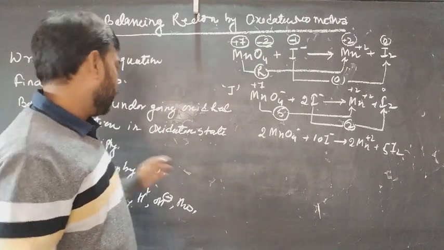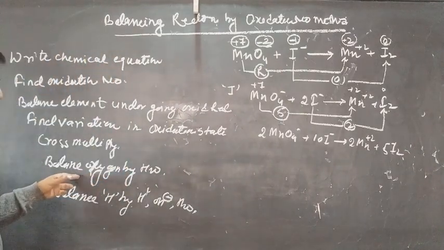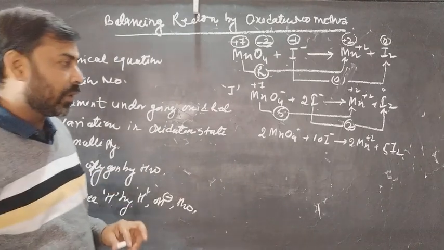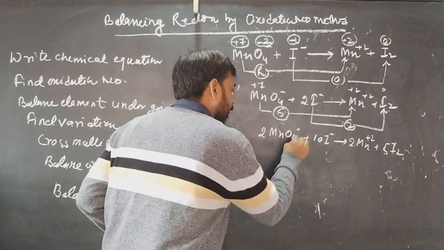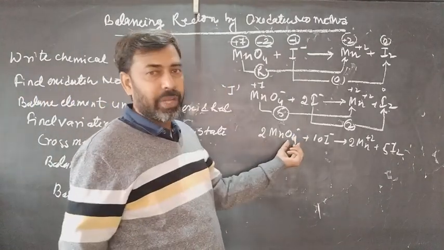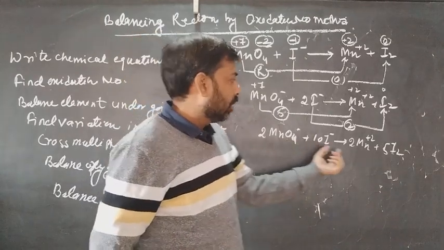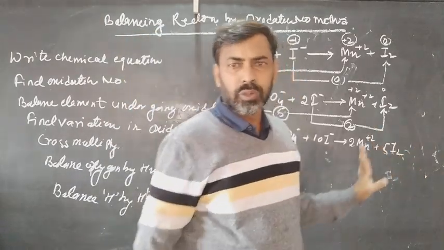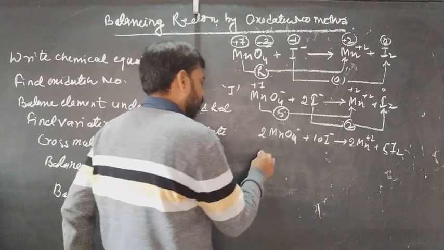Now what? In the next step, we will balance oxygen by water. How many oxygens are there on the left hand side? 2 MnO4, 8 oxygen, and on the right hand side there is no oxygen. So just balance the oxygen by water.